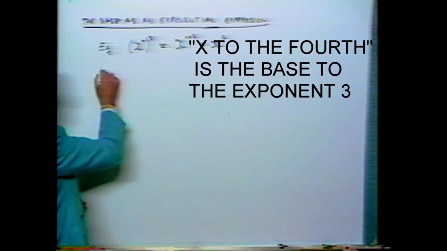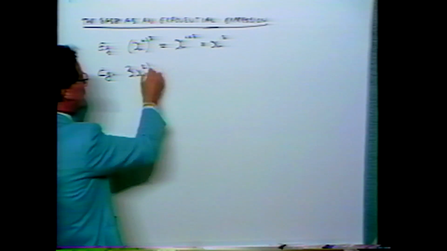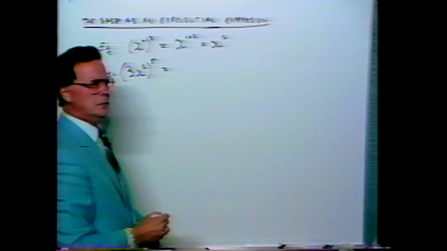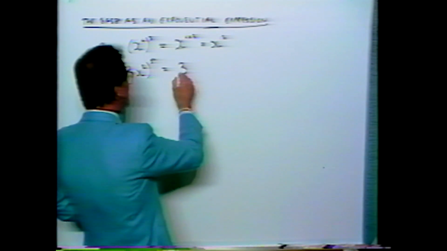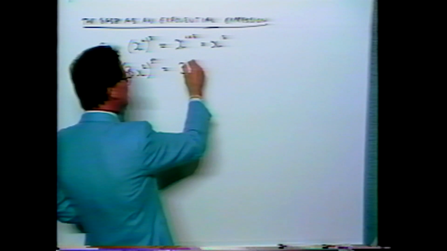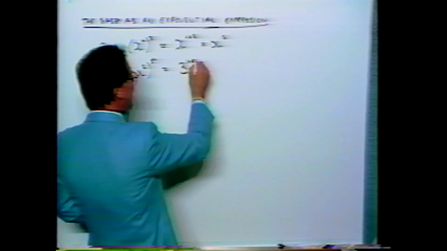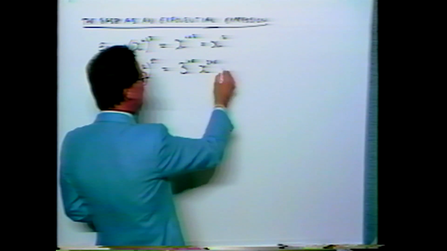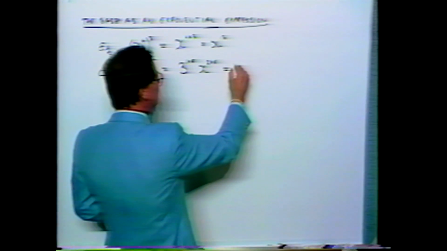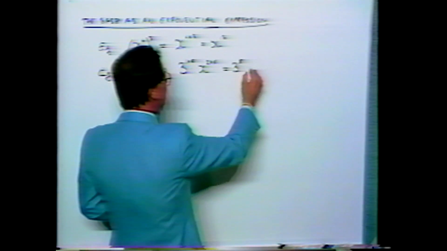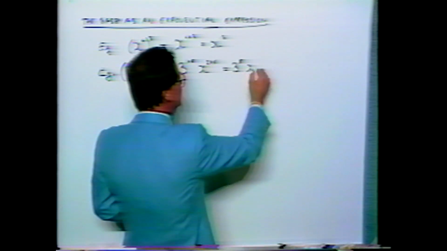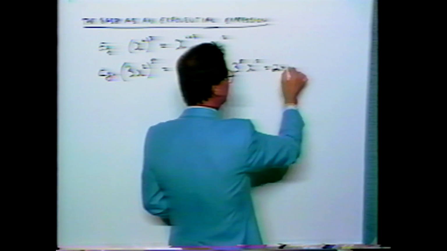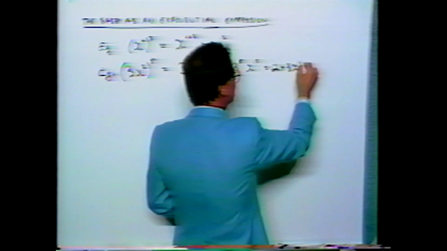Another example, 3x squared to the 5th is equal to 3 to the 1 times 5, x to the 2 times 5, which is 3 to the 5th followed by x to the 10th, or 243x to the 10th.